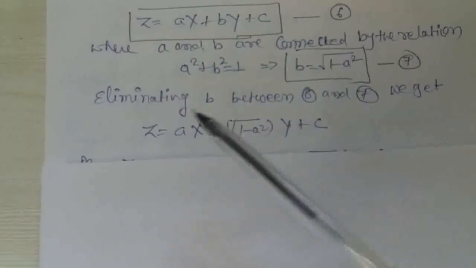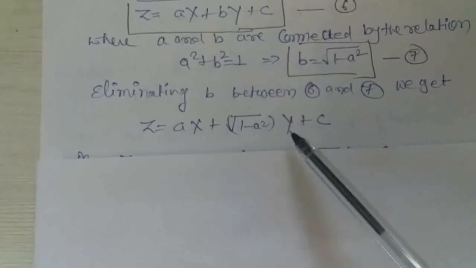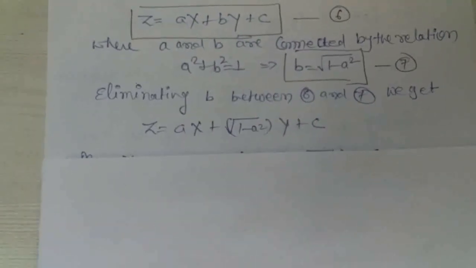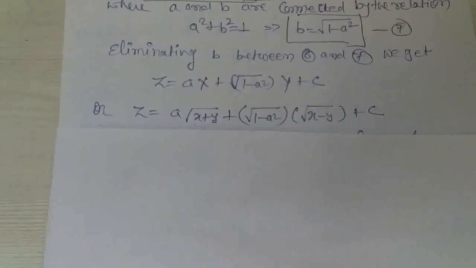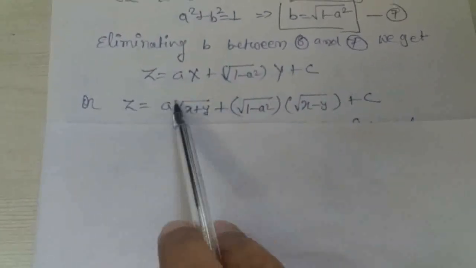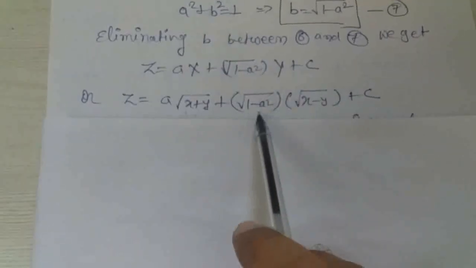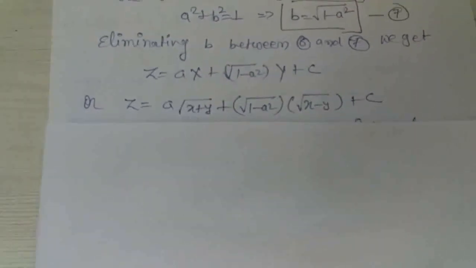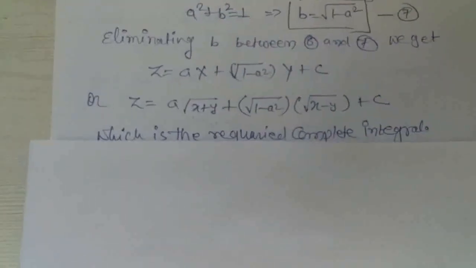Now replace the values of capital X and capital Y, and we get the complete integral of the given equation. So the complete integral of equation first becomes z equal to a, the capital X is square root of x plus y, plus square root of 1 minus a square. The value of capital Y is square root of x minus y, plus c. This is the complete integral.